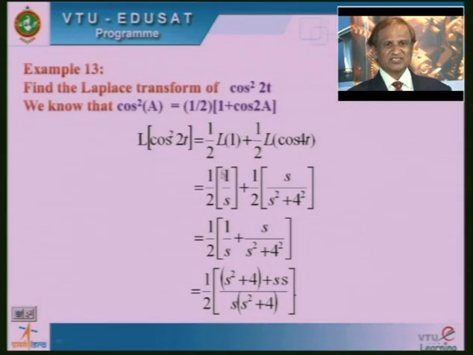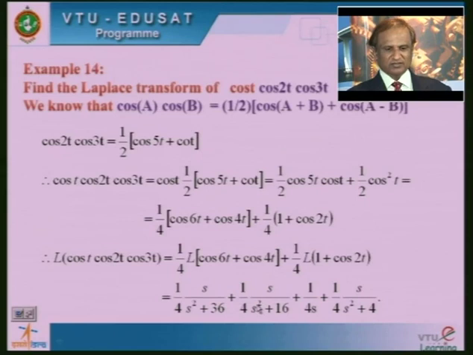So, we know that Laplace transform of 1 is 1 over s, plus 1 by 2 times of Laplace transform of cos 4t, again it is s divided by s square plus 4 square. Is it clear? 1 by 2 times of 1 by s plus s divided by s square plus 4 square. Is it clear? Again 1 by 2 is constant, s square plus 4 square plus s squared, divided by s into s square plus 4 square.